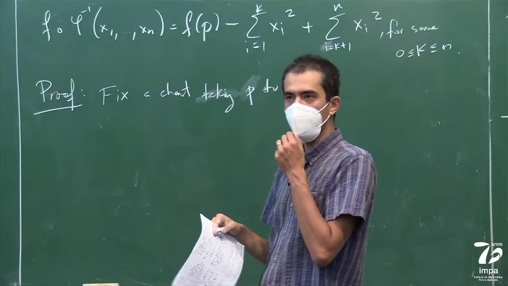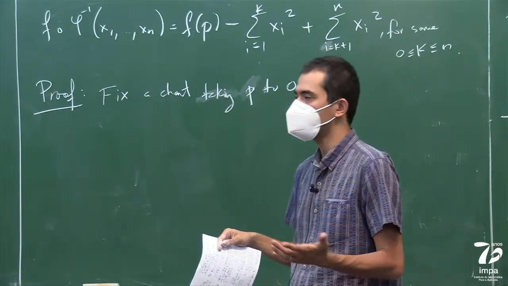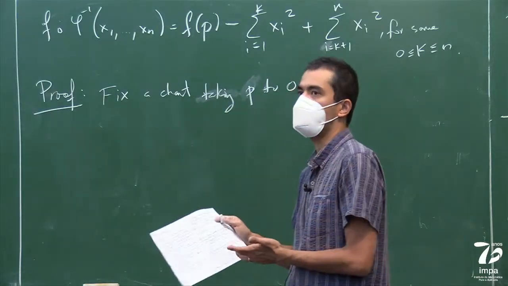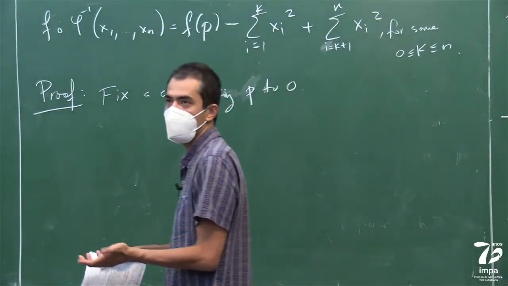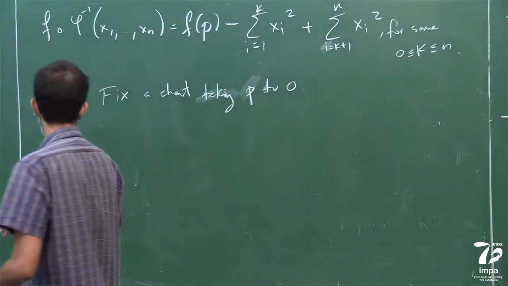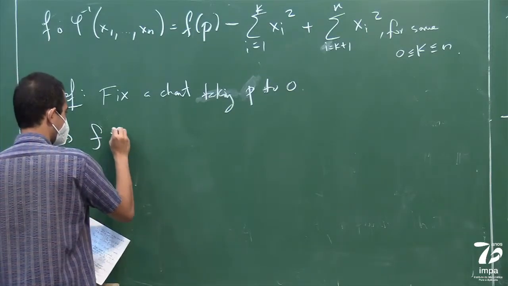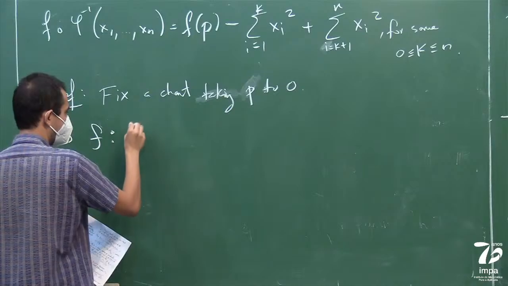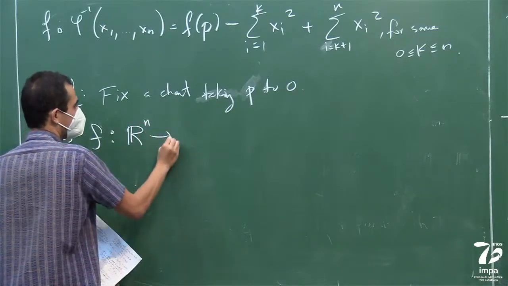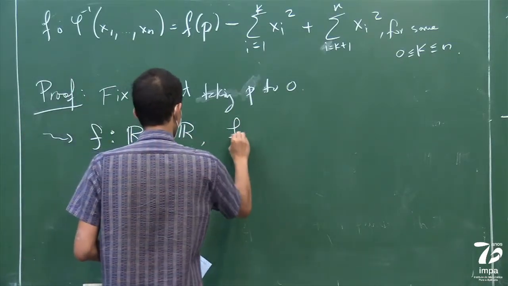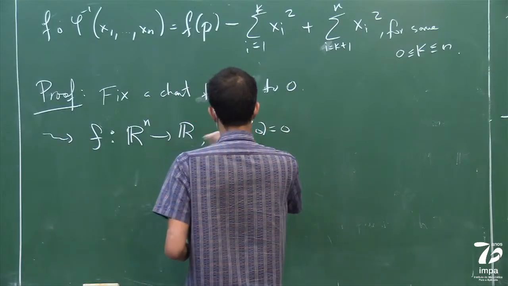So now we can compose with the chart and just pretend that the function is a function from Rn to R. And then we actually have just a real analysis problem. So now we can think that our function goes from an open set near 0 in Rn, or all of Rn, to R, with the property that f of 0 is 0.